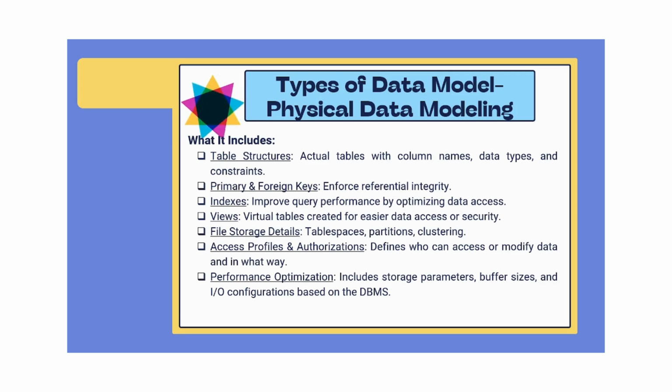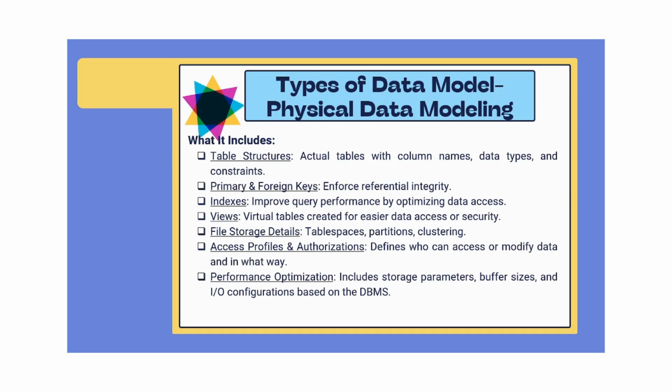When it comes to table structure, actual tables with column name, data type, and constraints will be included. Primary and foreign key means it enforces referential integrity. Indexes improve query performance by optimizing data access. Views are virtual tables created for easier data access or security.